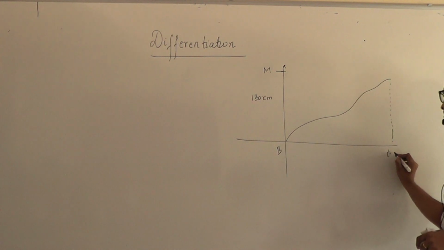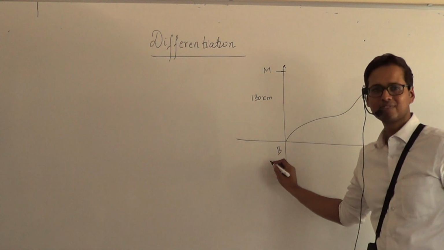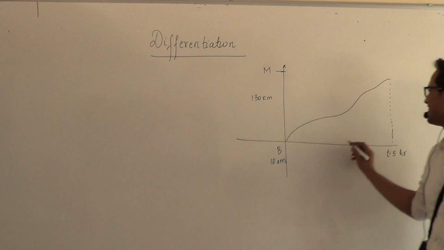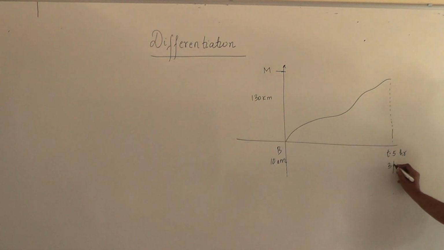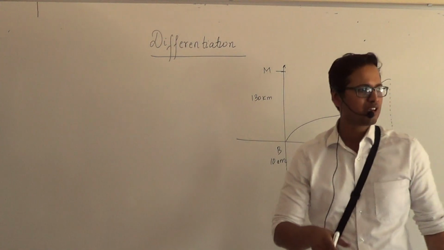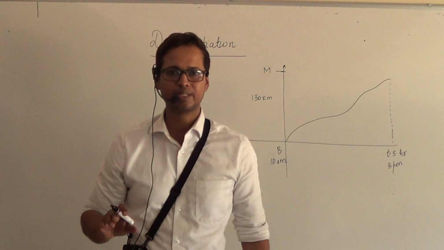You took around 5 hours to cover this distance, right? When did you start? 10 a.m. Let's say you reached by 3 p.m. Okay? And when I asked you what was the average velocity of your car, you said it's very easy, 130 by 5 is the average velocity.